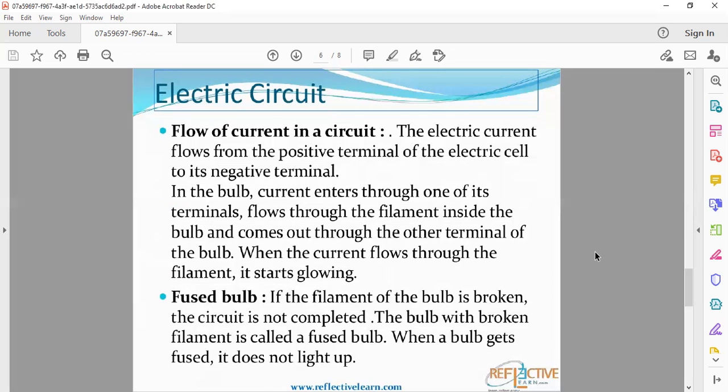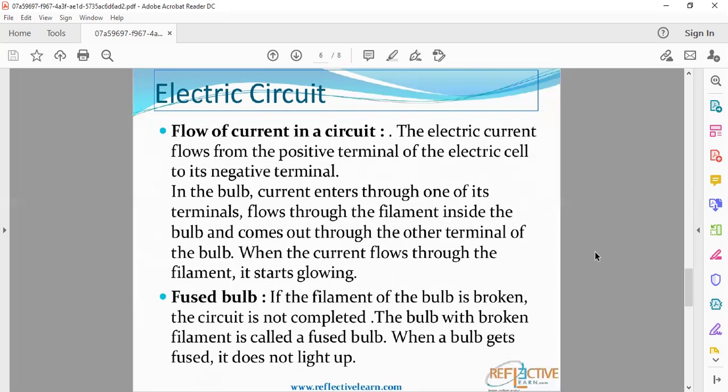Next comes how electric current flows in a circuit. Why are we saying that the positive terminal should be connected to the negative terminal, why are there two terminals? As we have read, children, the current flows from the positive terminal of the electric cell to its negative terminal.